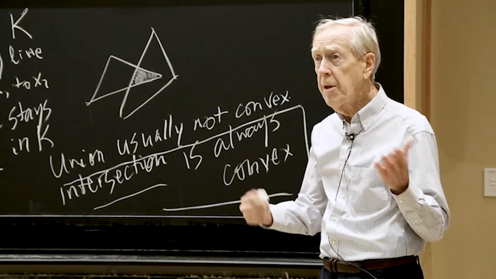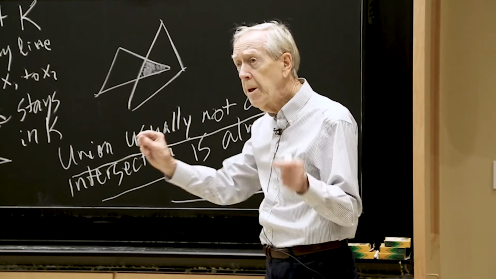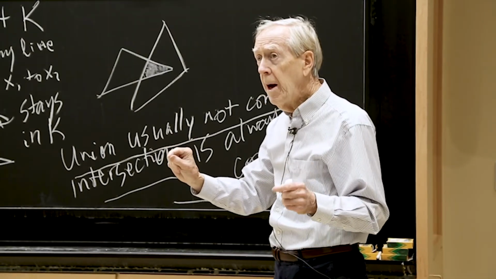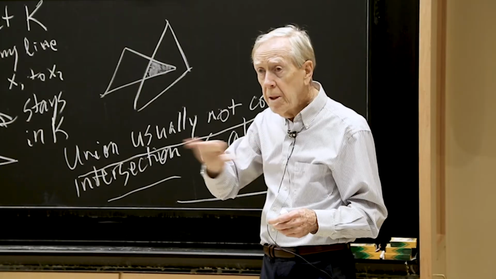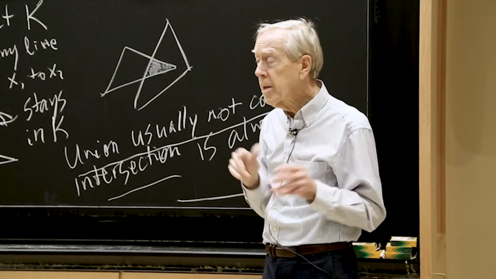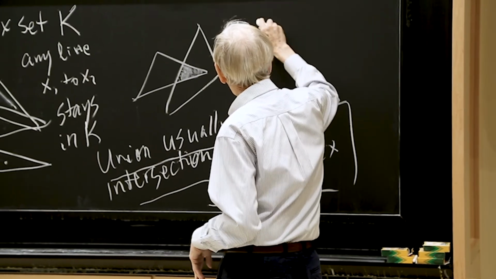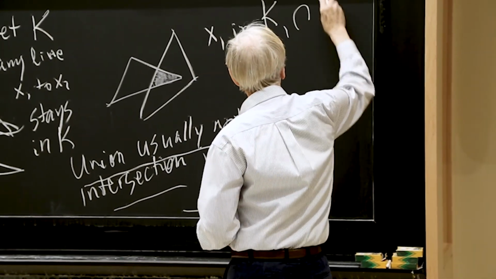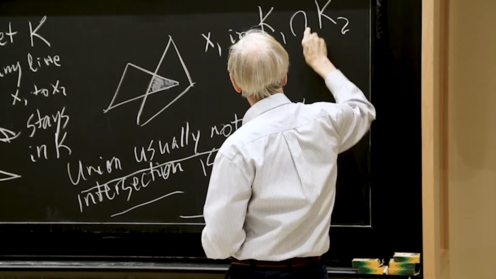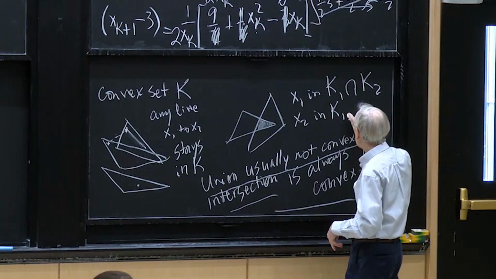To test if something's convex, how do you test it? You take 2 points in the set, in the intersection, and you want to show that the line between them is in the intersection. Okay, why is that? So take x1 in the intersection of the 2 sets, K1 and K2, and take another point x2 in the intersection.